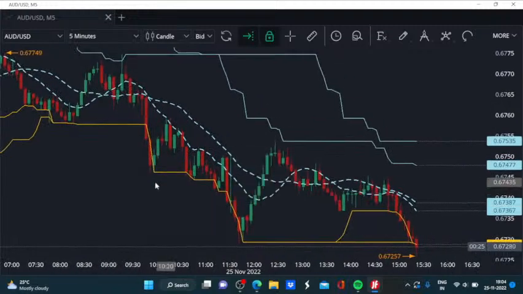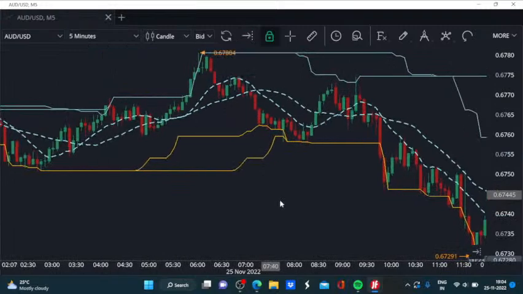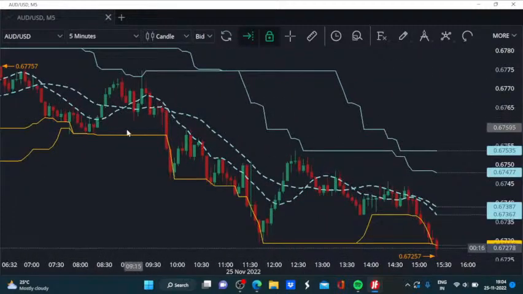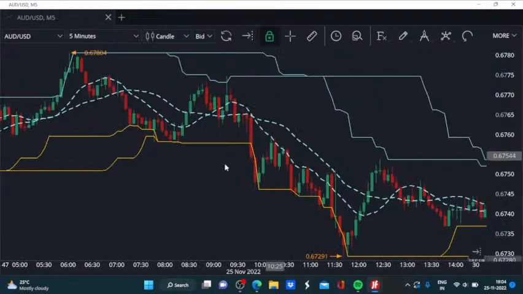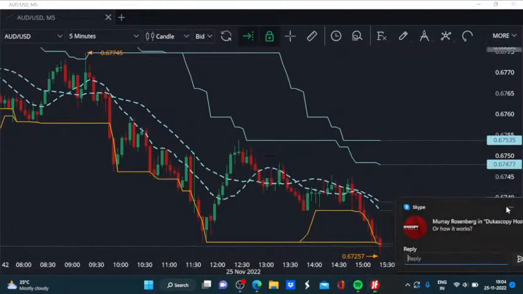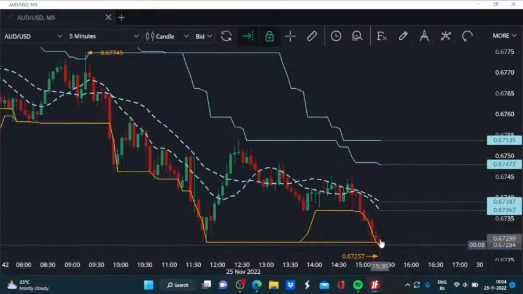For the AUD USD, the day's high came in early during the start of the European trading session at 6:15 GMT. Afterwards, it changed course, and since then it has been forming lower lows and lower highs. And this fresh low has come in just a while back at 15:20 GMT.